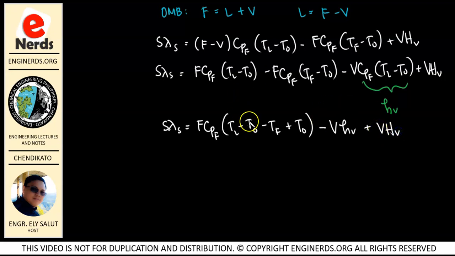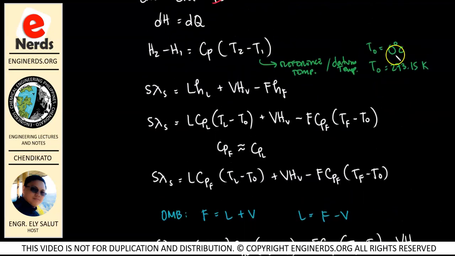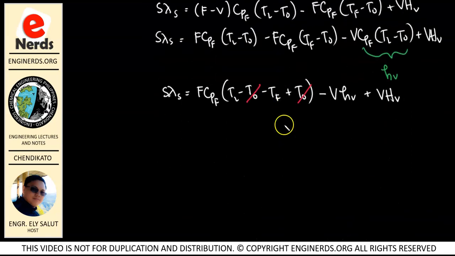So, our reference temperature TO right here will be cancelled out. As you can remember, hindi na natin ginamit yung 0 degrees Celsius or 273.15 Kelvin here. Anyway, it will be cancelled out. So, what we'll have here, we have S lambda S is equal to F CPF times TL minus TF, which is the temperature in our liquor and the temperature in our feed.